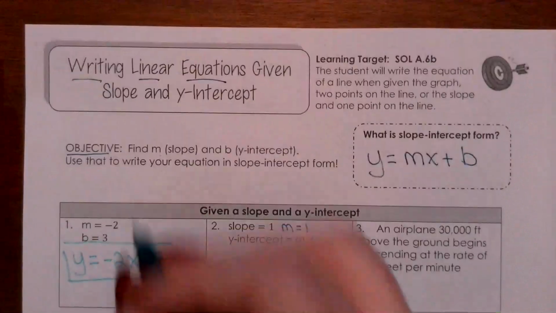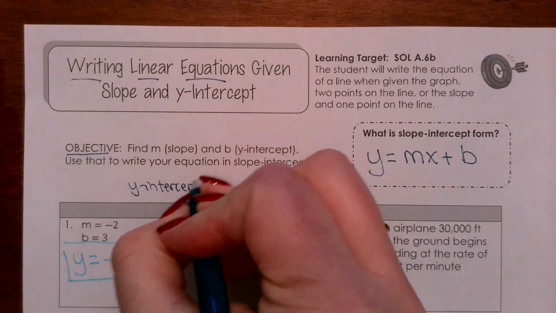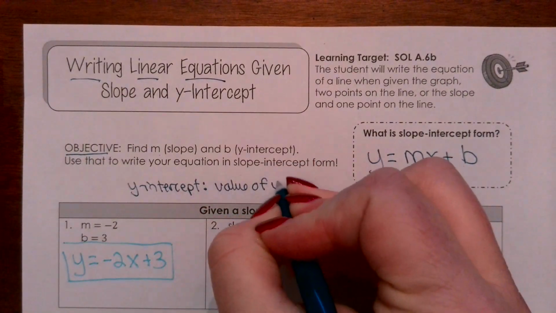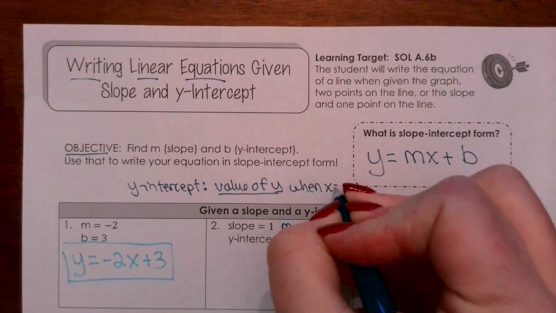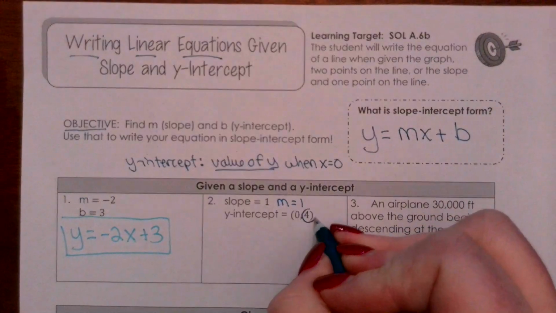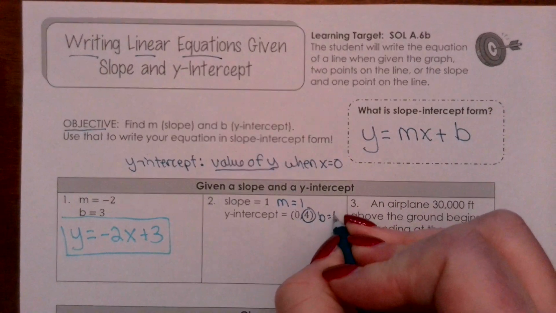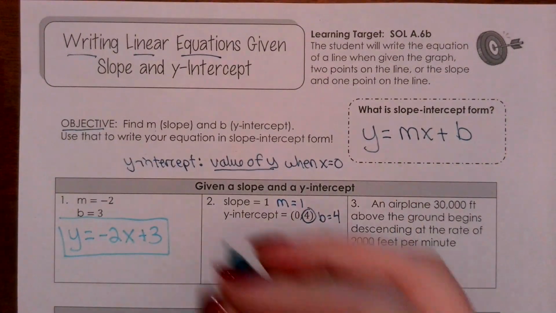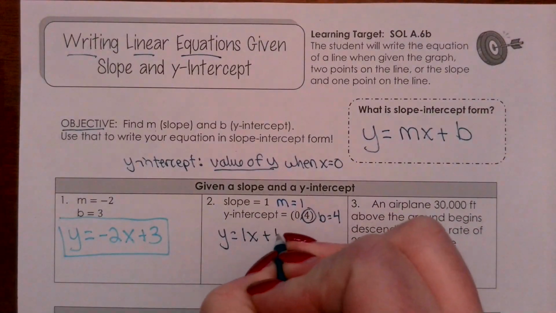And the y-intercept, just so you remember, is the value of y when x equals 0. So if I'm looking for b, it's here, the value of y when x equals 0. b equals 4. I'm ready to substitute it into the equation. I have y equals 1x plus 4.